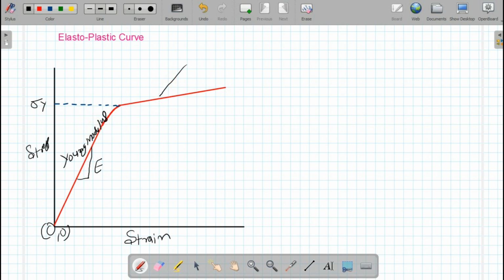This we call a bilinear curve, or we call it elastoplastic. Both are the same. This we call the tangent modulus, you can say. Or in ANSYS we call this bilinear.